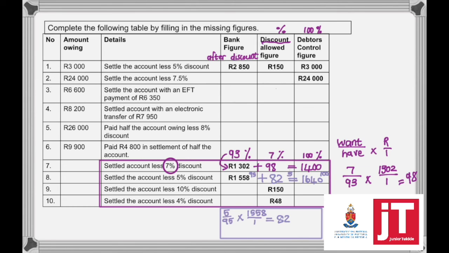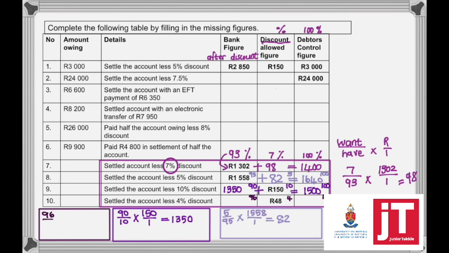Example number 9, 10% discount. So the 150 is the 10%. Paid will be 90, owed is 100. So I want 90, I have 10, times 150 over 1 gives me 1,350 paid. So they owed 1,500.